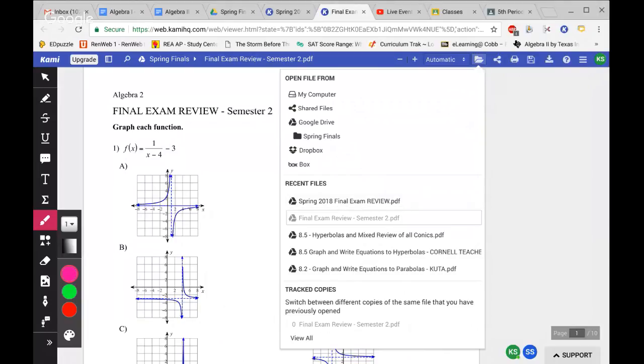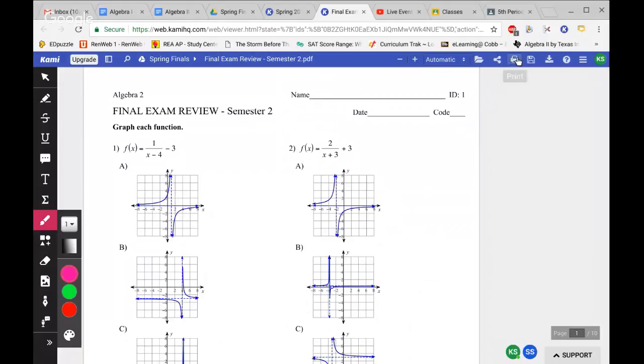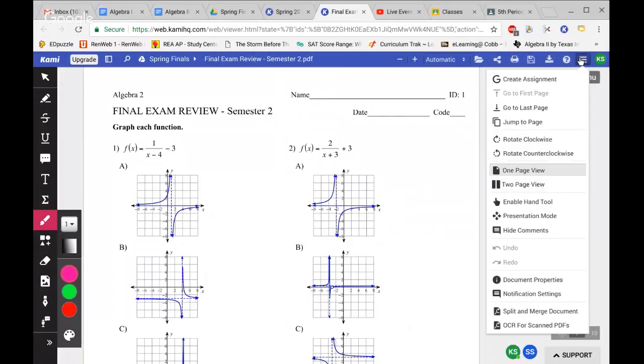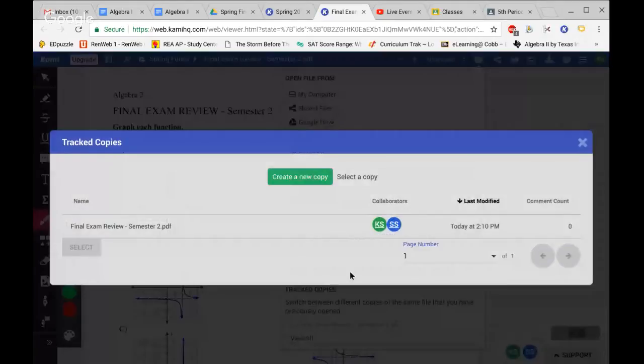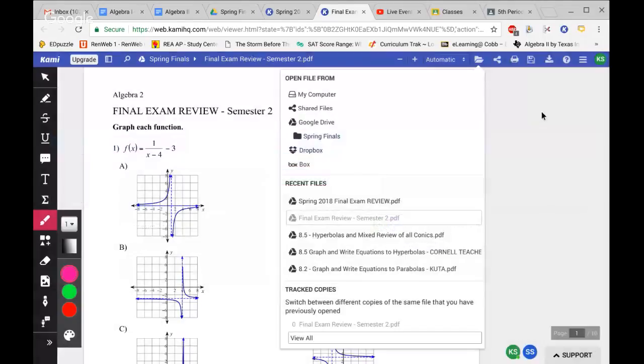Wish they made this easier. Ugh. I want to open a blank document so I can write on it.